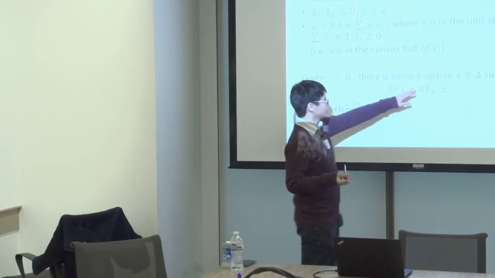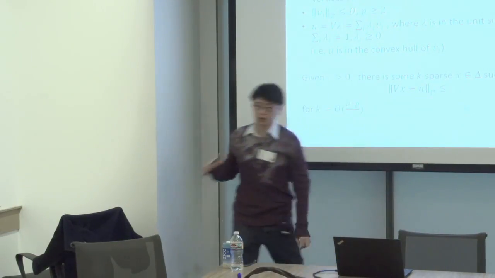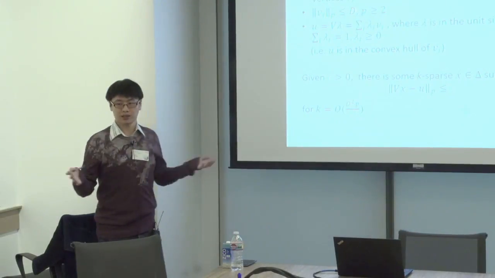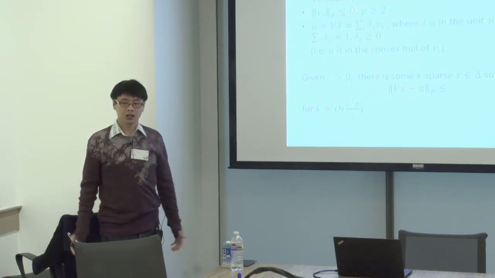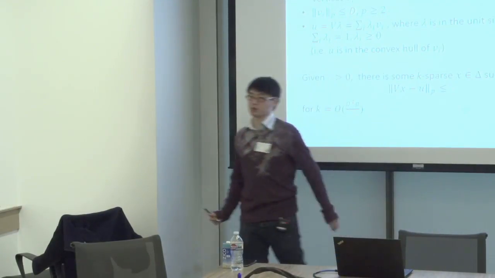The problem we want to solve is to get a k-sparse vector in the unit simplex, so a k-sparse convex combination, such that we approximate our target sufficiently well.